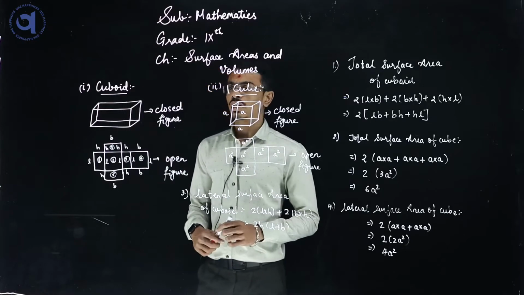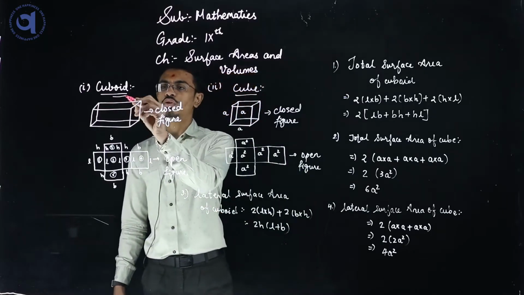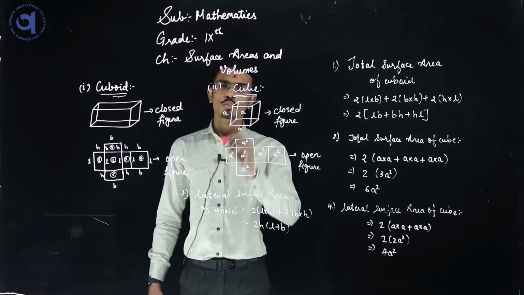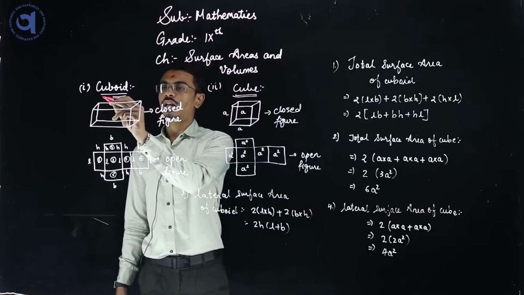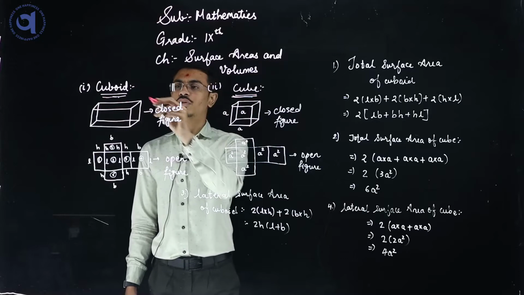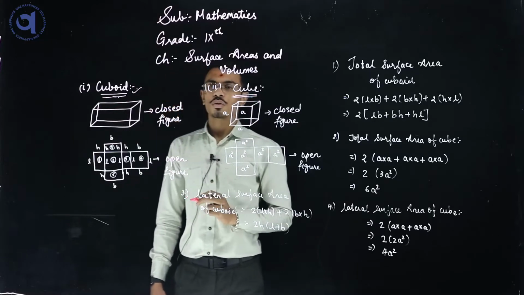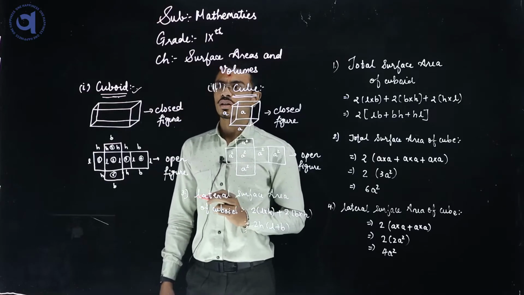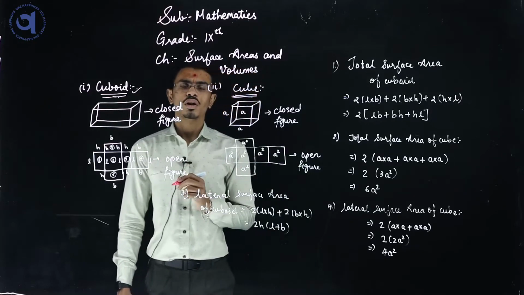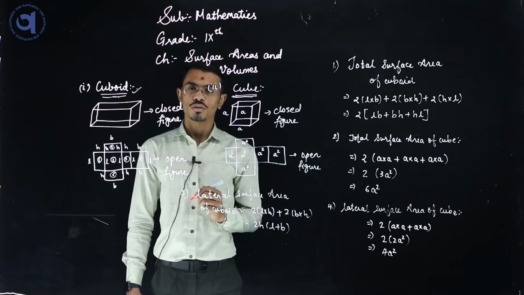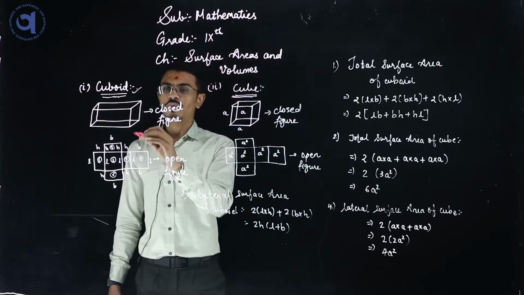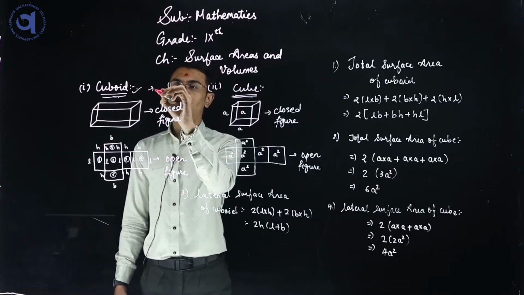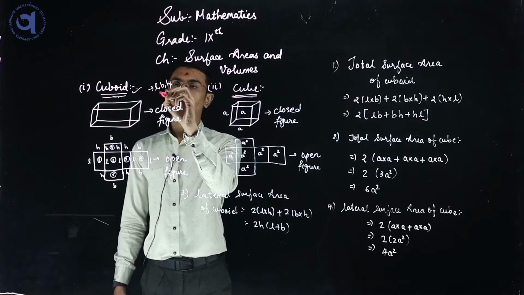Now first of all, let us start with two shapes, that is the cuboid and the cube. I have drawn both the shapes separately. The first one is the cuboid. A cuboid is a shape we see daily, like a brick or our compass box. In that shape we have three measurements, that is length, breadth and height.